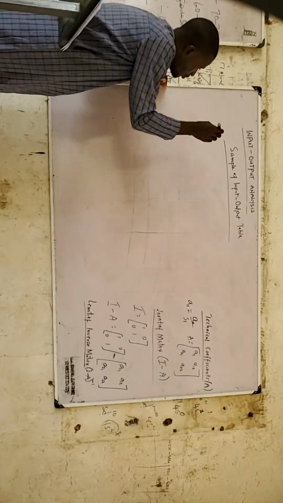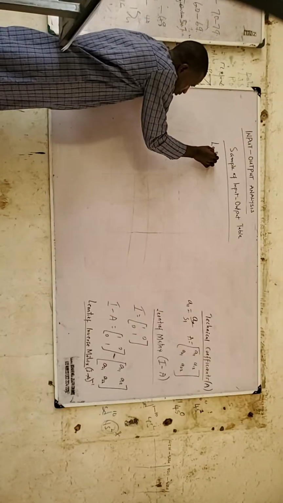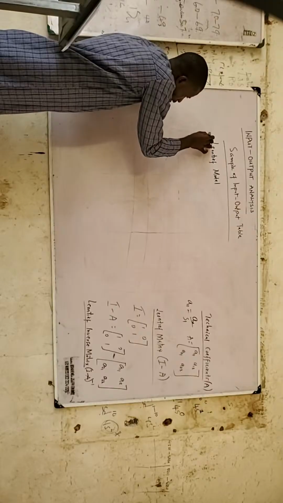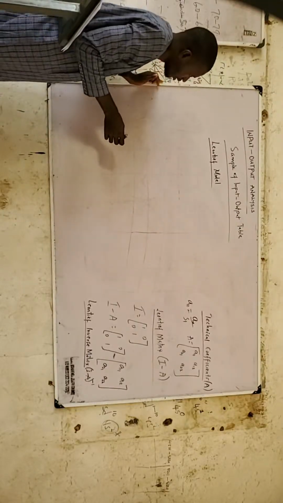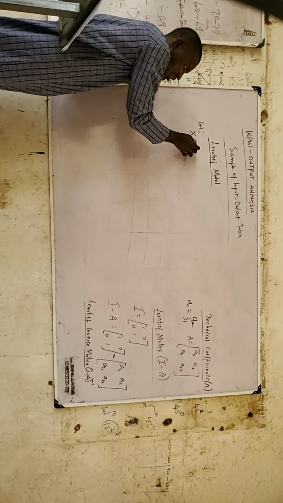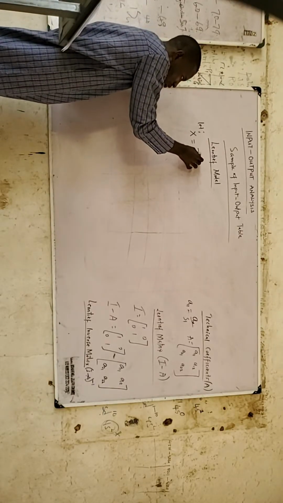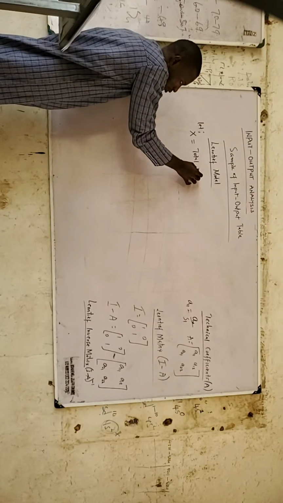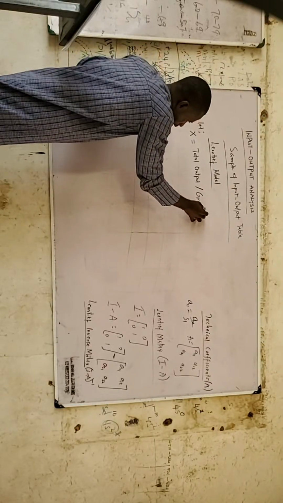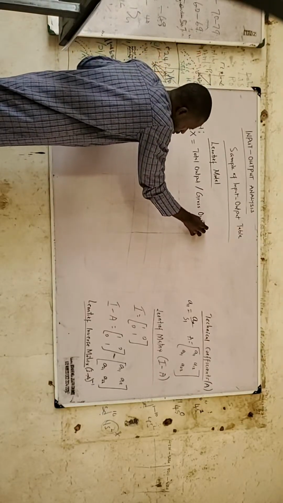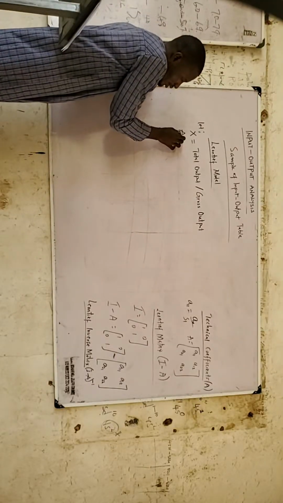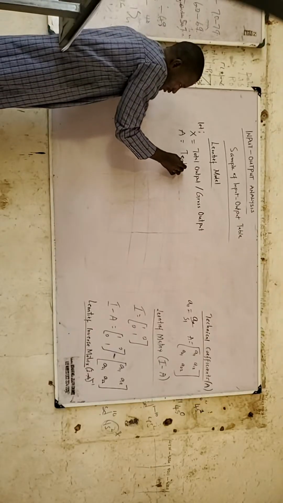According to the Leontief model, we say that let X represent the total output, slash the gross output, and let A represent a technical coefficient.